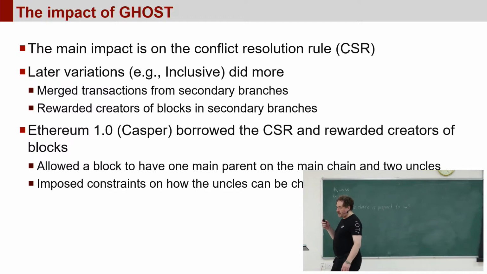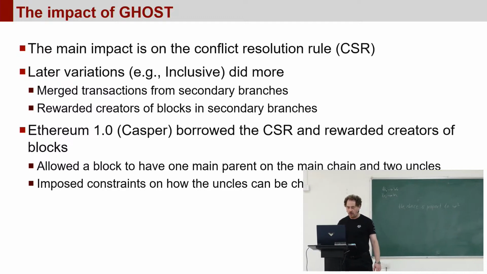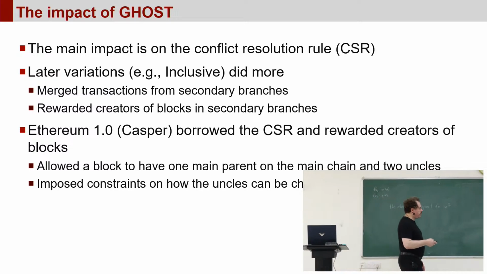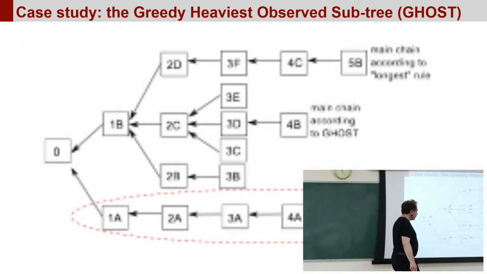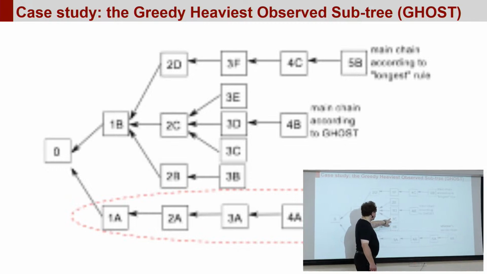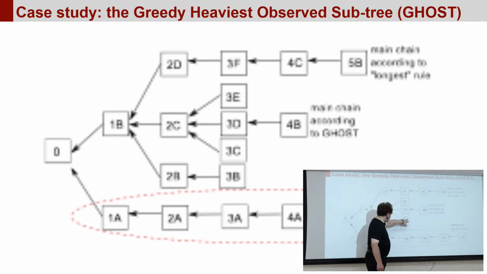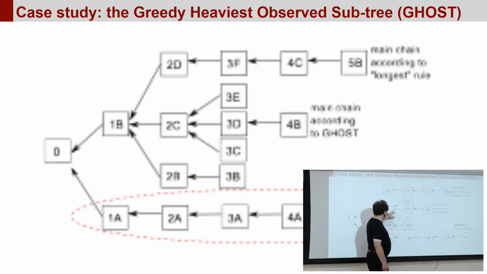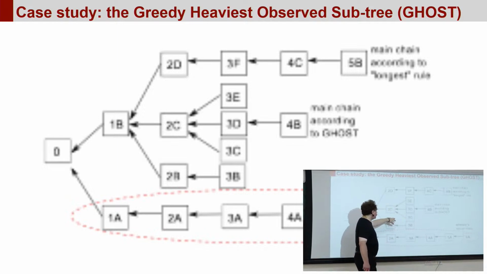And another impact of the Ghost protocol: later variations such as Inclusive merge transactions from secondary branches. So imagine, let's come back here. Let's take a look at this block. Its creator would be rewarded for pointing to the block on the main chain, so that's an extra incentive to create uncles.